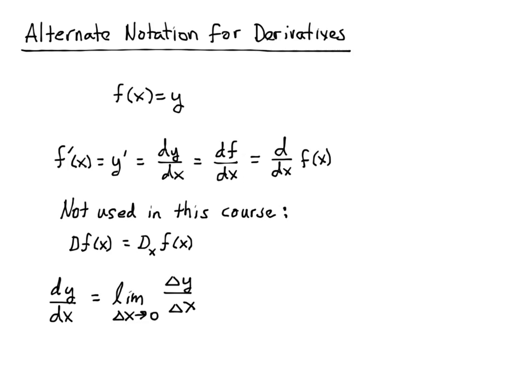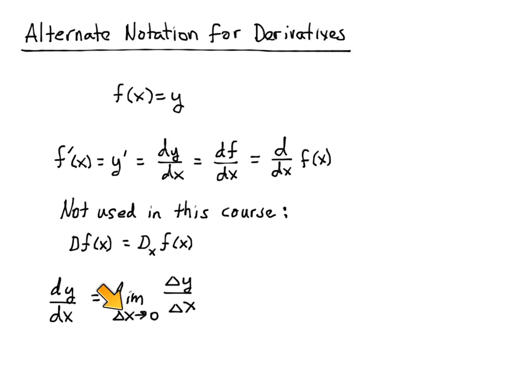One of the things to realize about this differential notation is what it really means: the change in y divided by the change in x as the change in x goes to 0.